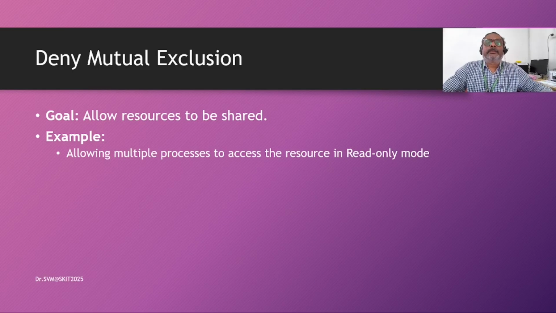As long as it's only a reading action, and not doing anything after reading, it is fine. But read the information, modify the information, write back, such things are not allowed. For example, when you are trying to increment the value of a variable, we read the content of the variable, increment it, and then write it back. While doing this, if another process enters, it is going to create inconsistency.